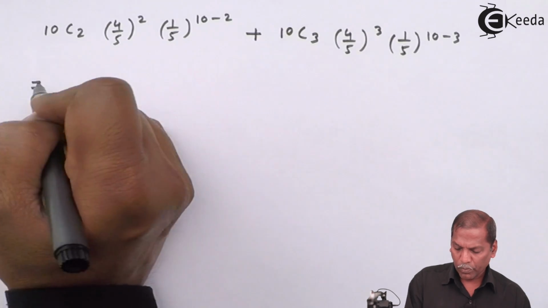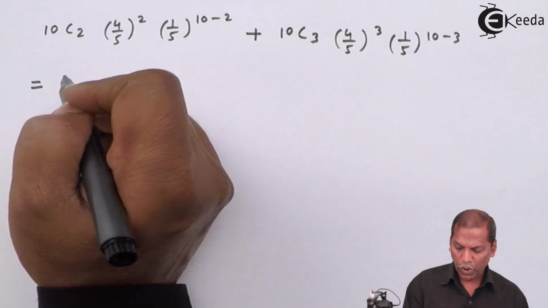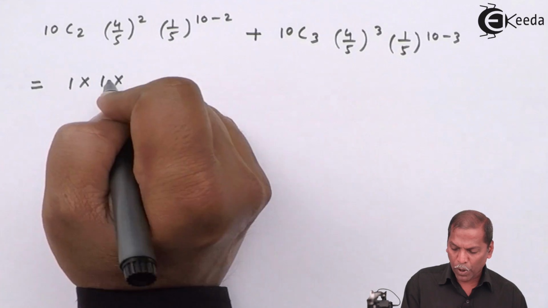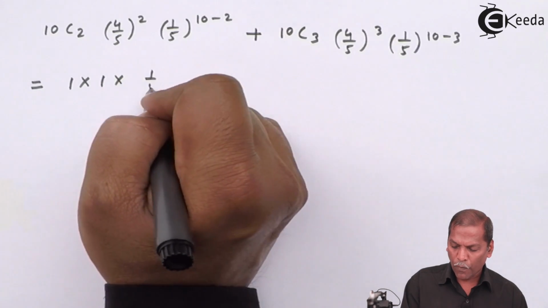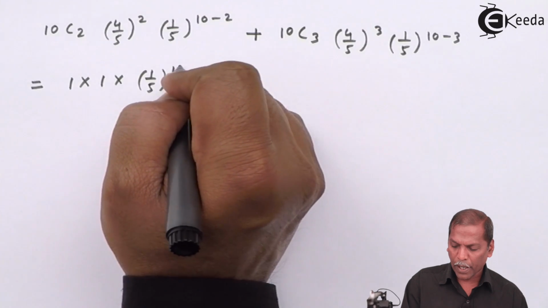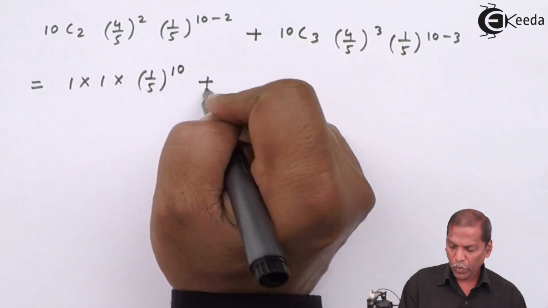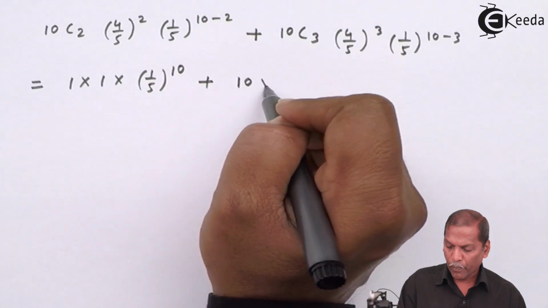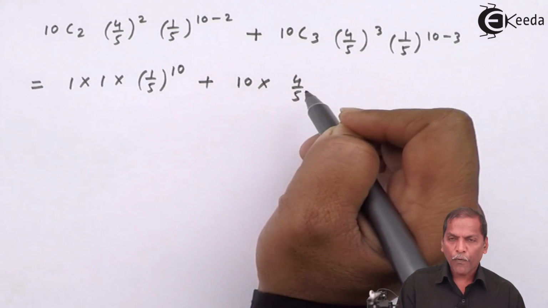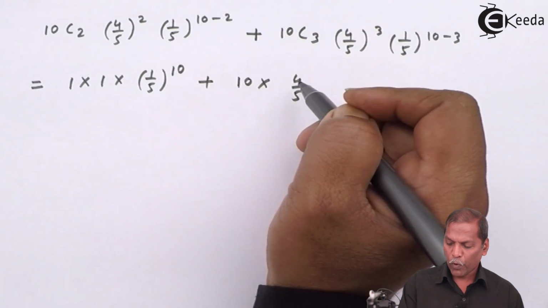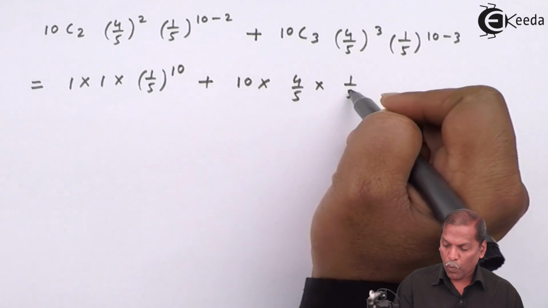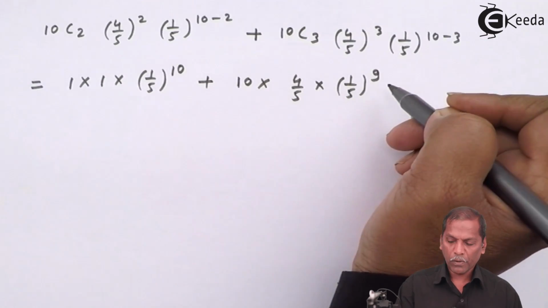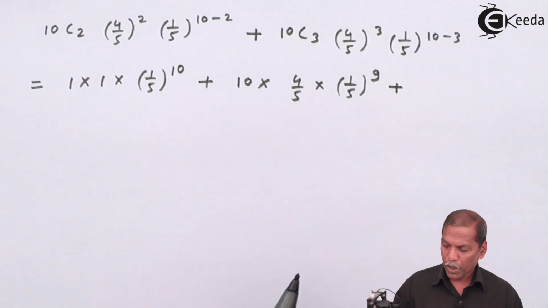So it is equal to, now 10C0 gives us 1, 4 upon 5 raised to 0 also gives 1, and 1 upon 5 whole raised to 10, plus. Now 10C1 gives 10 into 4 upon 5 raised to 1, which means 4 upon 5, into 1 upon 5 raised to 10 minus 1, which means 9, plus.